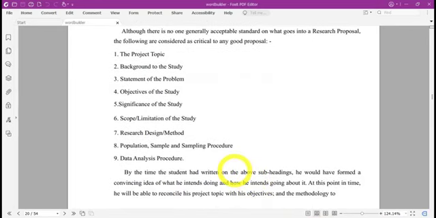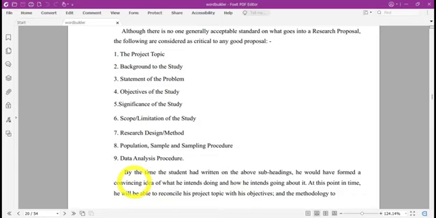If you're using a questionnaire, the population, the people you're going to distribute your questionnaire to, you don't just go to any and anybody. There are specific people you need to distribute the questionnaire to, people that will give you the proper answers. And if it's a scientific work you're doing, the particular areas you need to go to pick your samples, the samples you're going to use to work in the lab, to do your experiments in the lab. That is the sampling procedure. How do you intend to go about it?